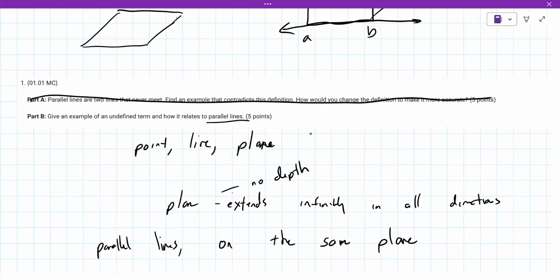That's one of those other things you might see from your notes: extends indefinitely in all directions and has no depth. It just has width and height, I guess, and that's where I would just go to the notes and see what it says. Unfortunately, you're not going to know what they were looking for on these until you get your grade back.